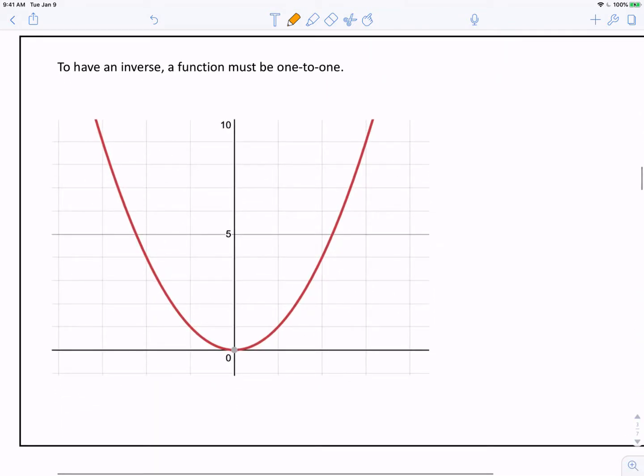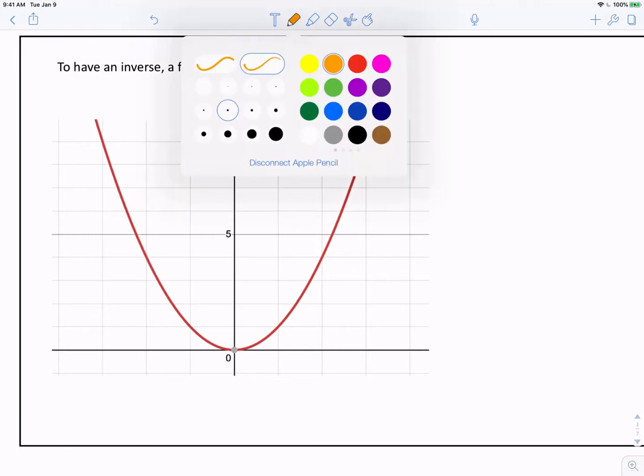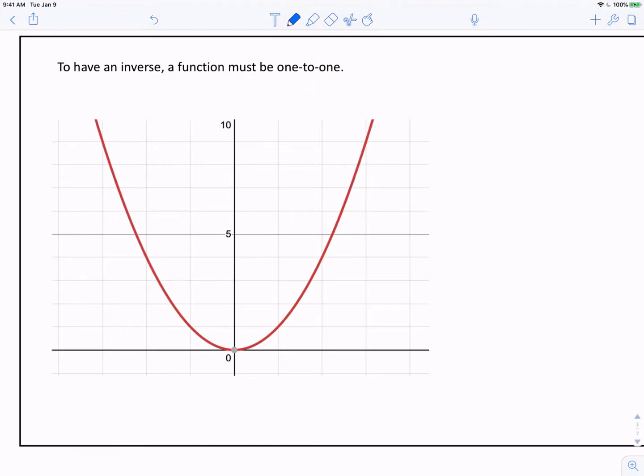In order to have an inverse, though, a function must be one-to-one. This is something we talked about way back at the beginning of the course. So let's go through this again. A function maps a number onto another number. Let's look at this function, which has the points (2, 4) and (-2, 4).